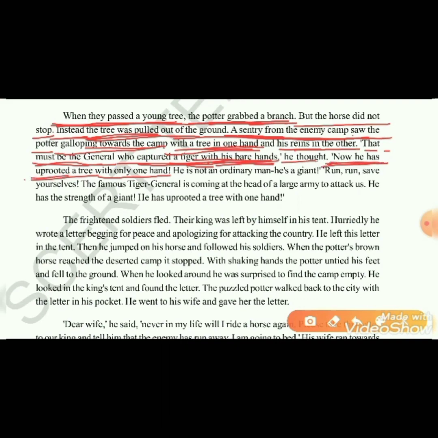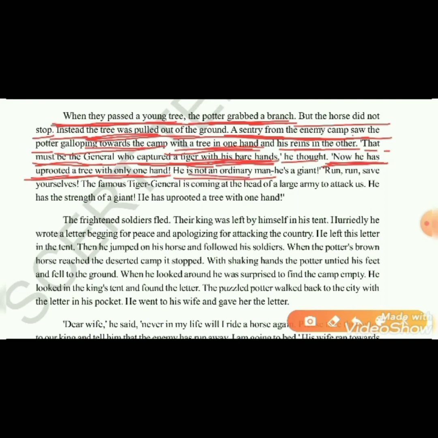He is so powerful. Being appointed as general, tiger general, he started before his army started. And see, he could pull out that powerful, strong tree, uprooted from the earth with a single hand, which means he is so powerful.